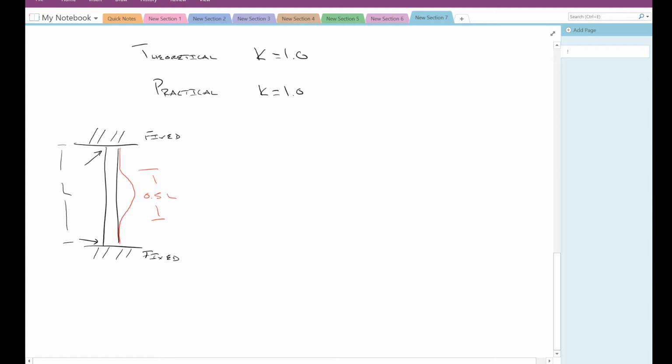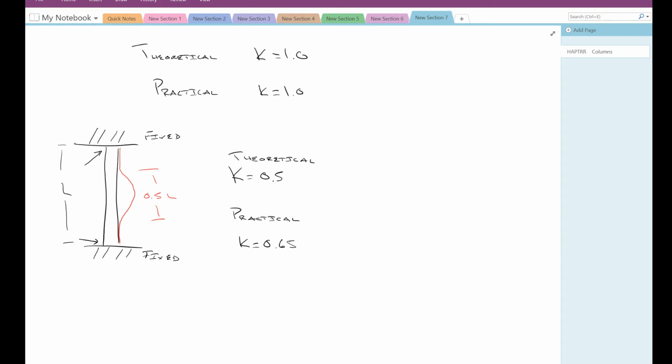So what we say is that our K value in this case is equal to 0.5 for theoretical. Now in practical or realistic, we can say that our K value is approximately 0.65. All right.